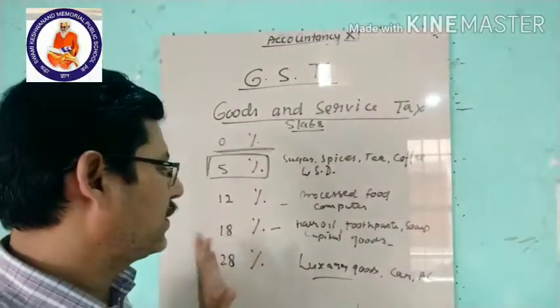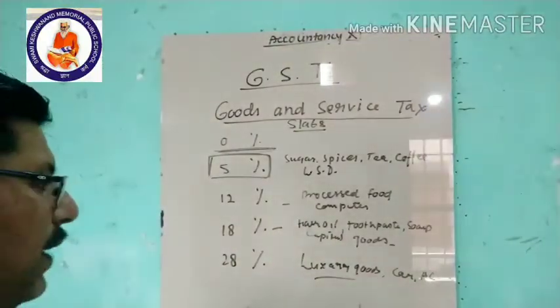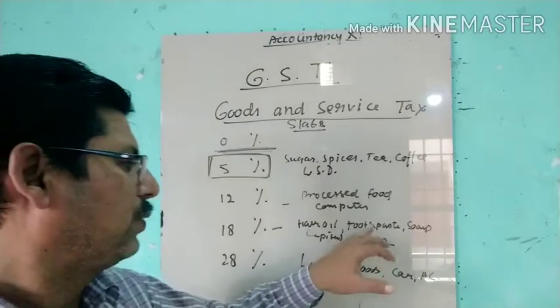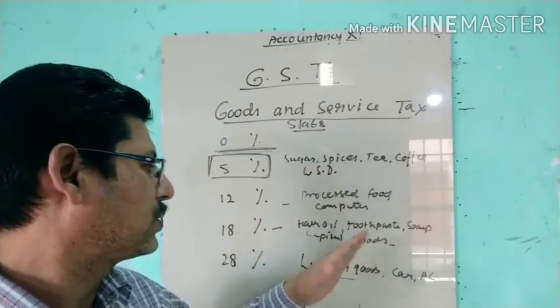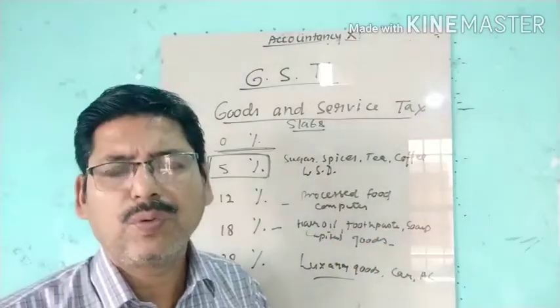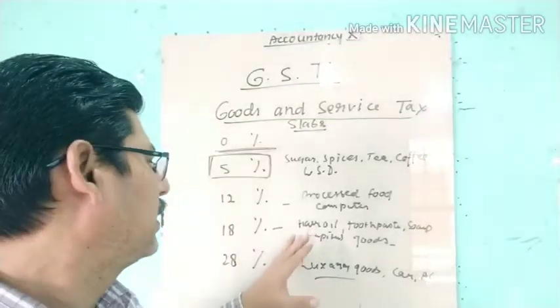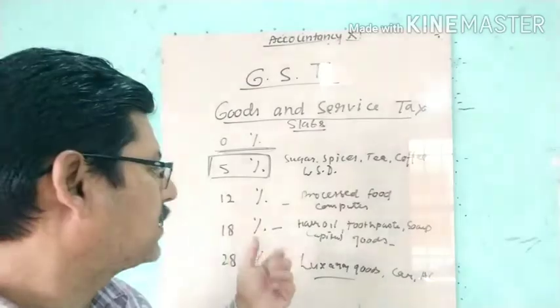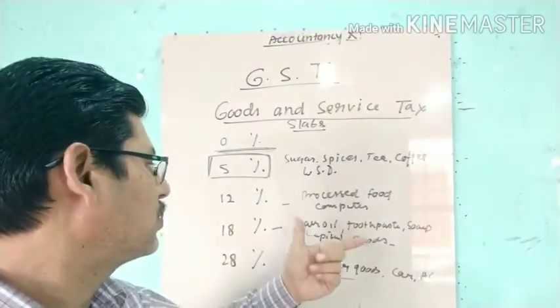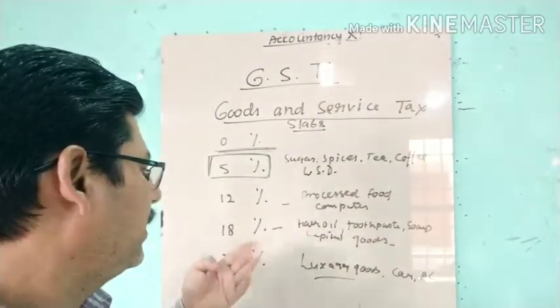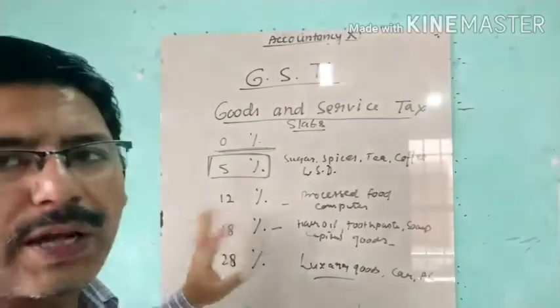Then comes the 18% tax. 18% tax is applied on hair oil, toothpaste, soap, capital goods. Hair oil is also used by the low income group, but it is capped in 18%, and toothpaste is also used by the low income group, but here it has been capped in 18%.